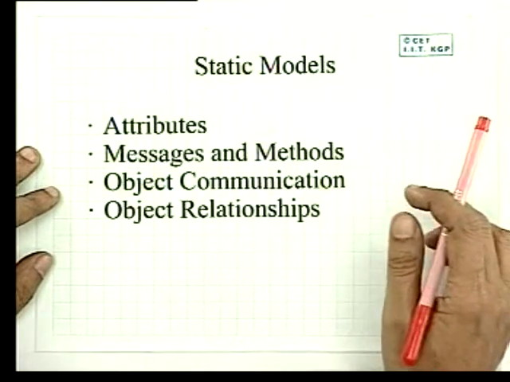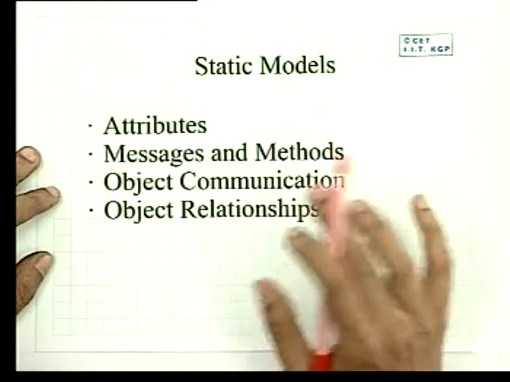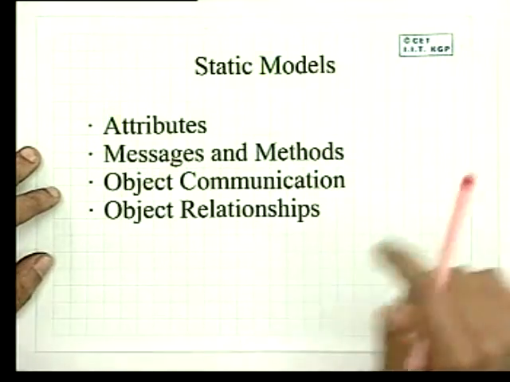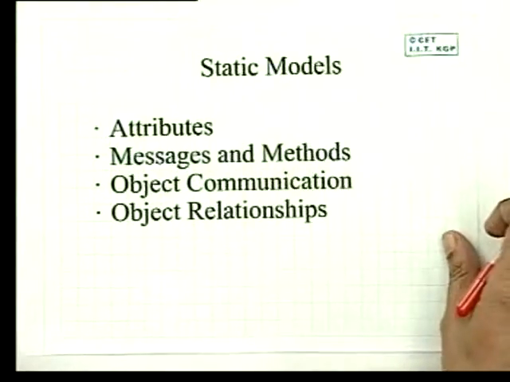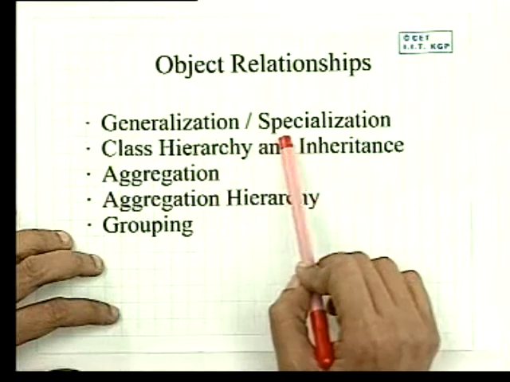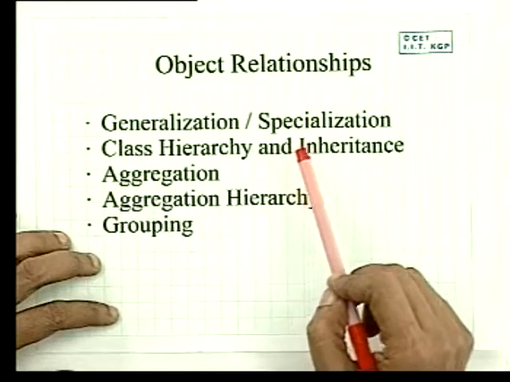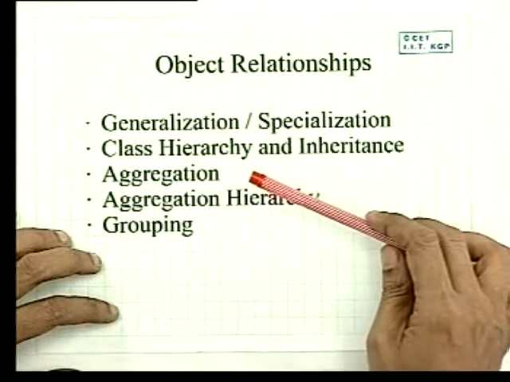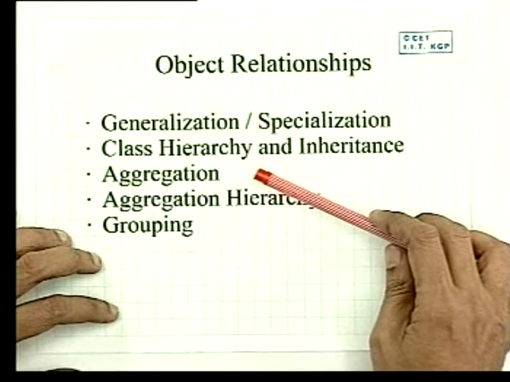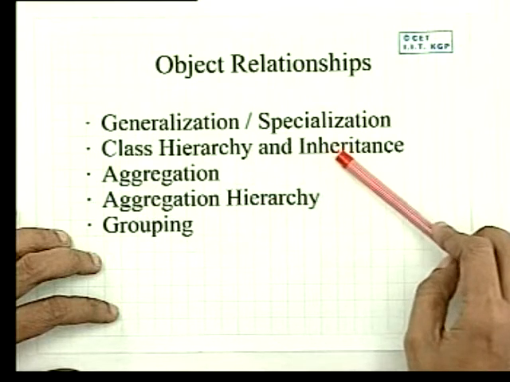Then we'll discuss how different objects can be interrelated to each other, and the different types of object relationships that will be discussed: generalization and specialization, how a hierarchy of classes can be constructed, and how a subclass can inherit properties from the superclass.